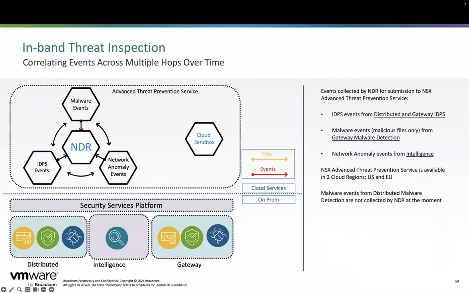This includes IDS, IPS, malware, and network anomaly events collected from intelligence. The Advanced Threat Prevention Service is available in 2 cloud regions, US and EU. And malware events from distributed malware detection are not collected by the NDR at the moment.